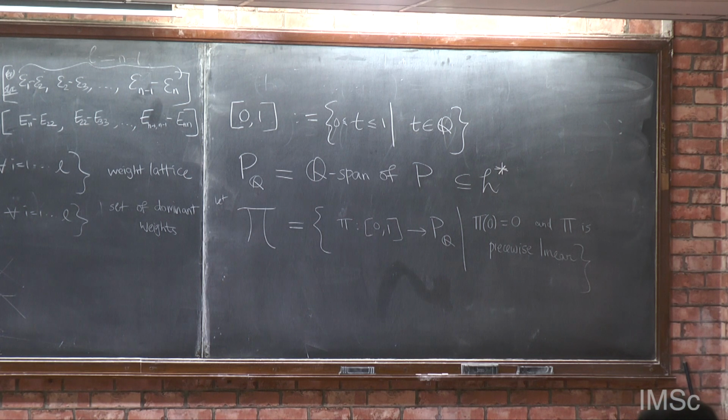So what does piecewise linear mean? It says that I can divide my interval into finitely many pieces, and since of course everything is really rational, I should say piecewise linear just means the following thing for us.